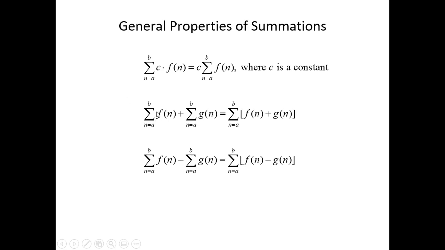If I've got a sum of some f of n and a sum of g of n, as long as we have the same starting index and ending index, we can add those two functions together and take the sum. Same thing with subtraction. As long as we have the same starting and ending index on these, we can represent it this way. So those are just some properties that we'll want to know.